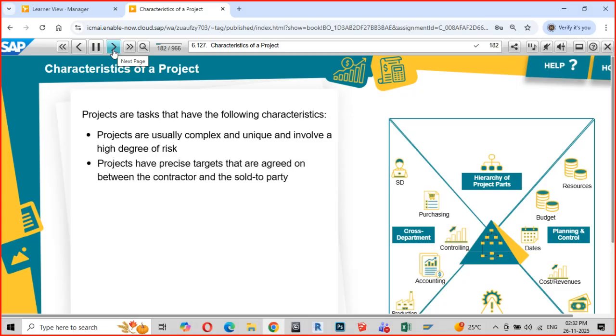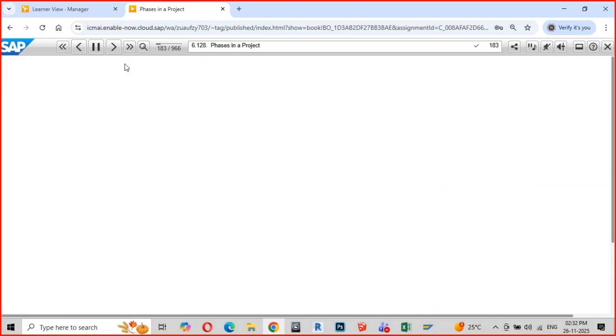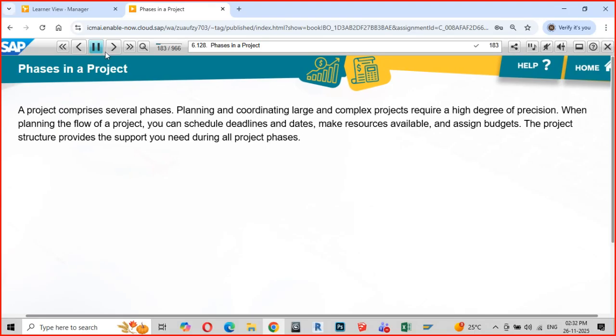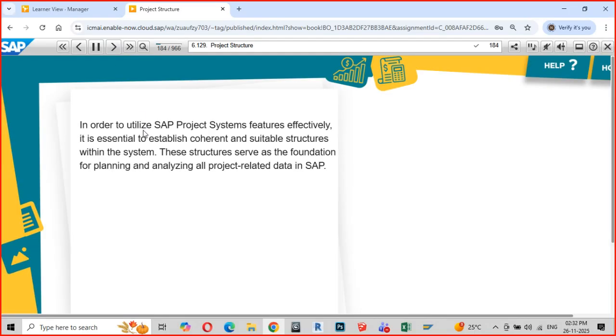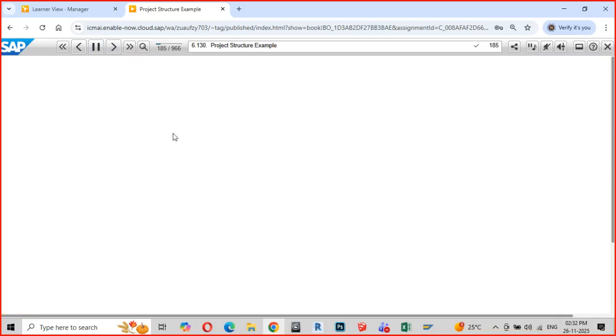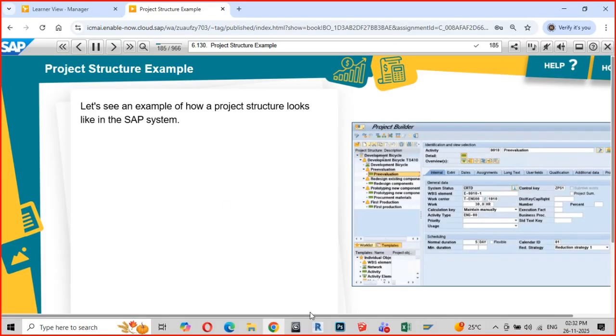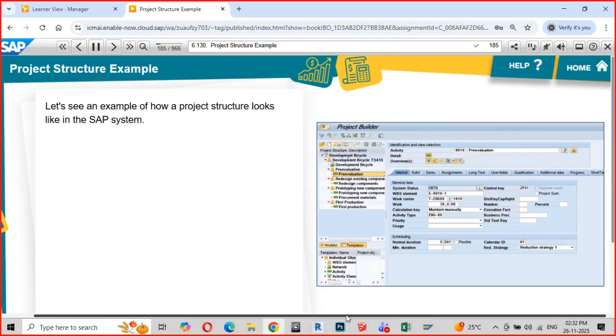We have all felt this when we were working on the project systems. Projects have precise targets, limited duration. You can just read them through, dear students. If there is something which needs to be explained, I definitely will do it.